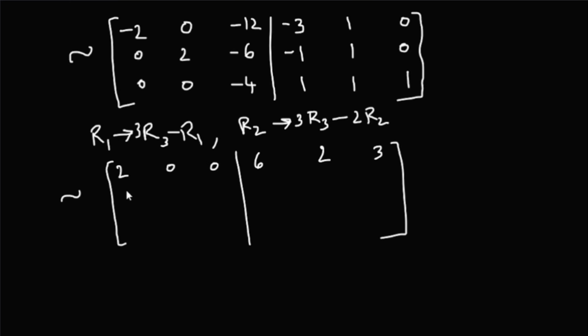3 into this minus 2 into this, 0. 3 into this minus 2 into this is minus 4. 3 into this minus 12 minus 2 plus 12, 0. 3 into this minus 2 into this. 3 into this is 3, minus of minus 2 plus 5. 3 into this plus 2. 3 into this minus 2 into this, 1. 3 into this minus 2 into this is 3.